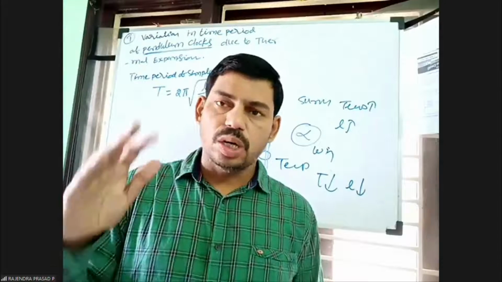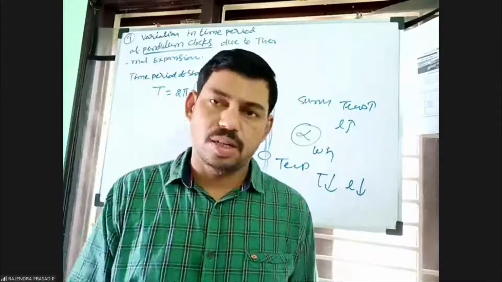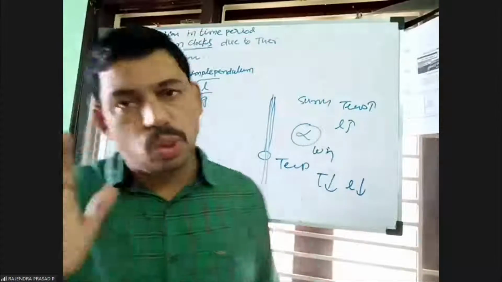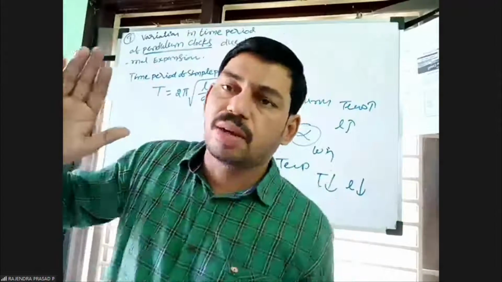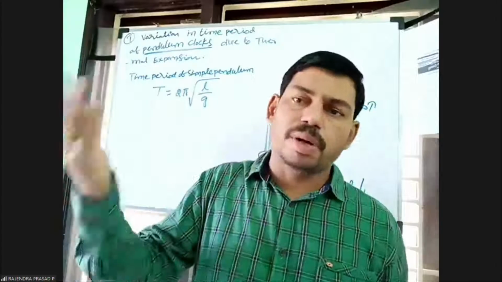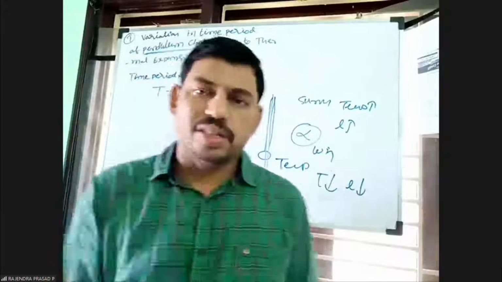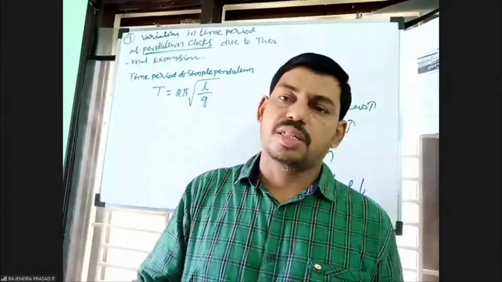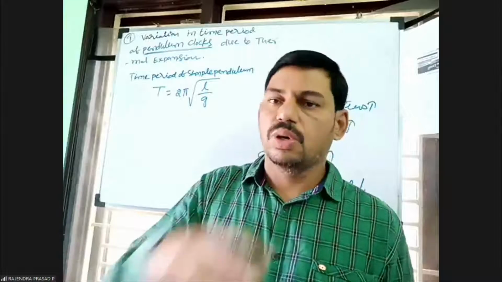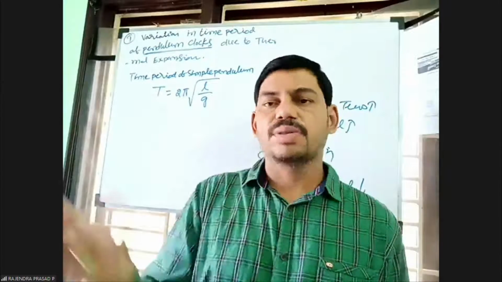Previous one was slow, this is fast. Previously the pendulum runs slowly because the length increases with temperature. In winter, temperature decreases, length of the pendulum decreases, so the pendulum runs fast. So time also runs fast.